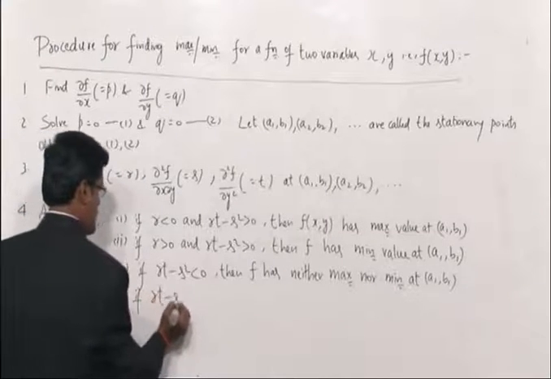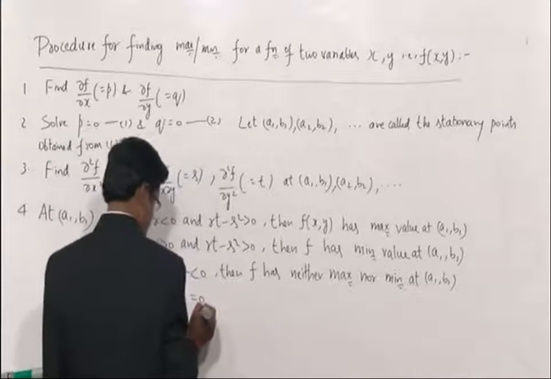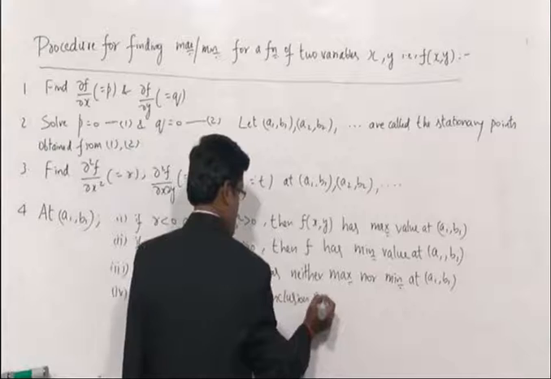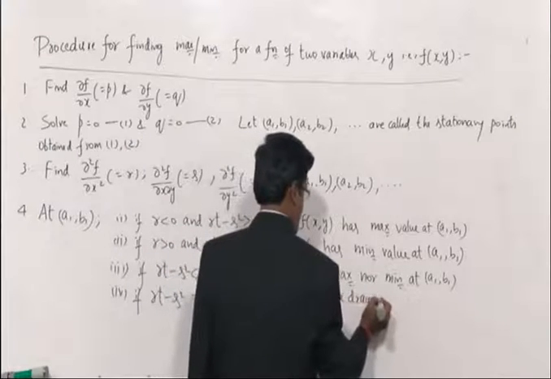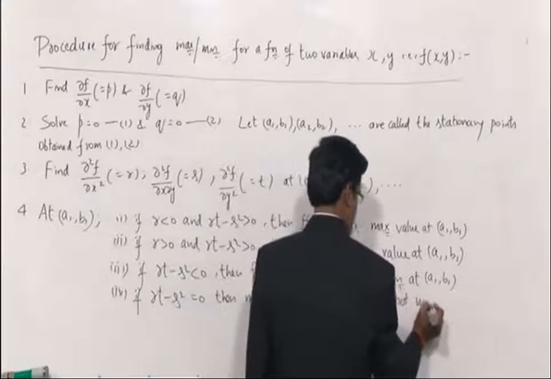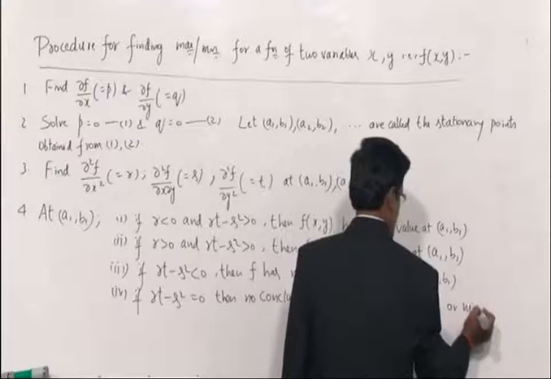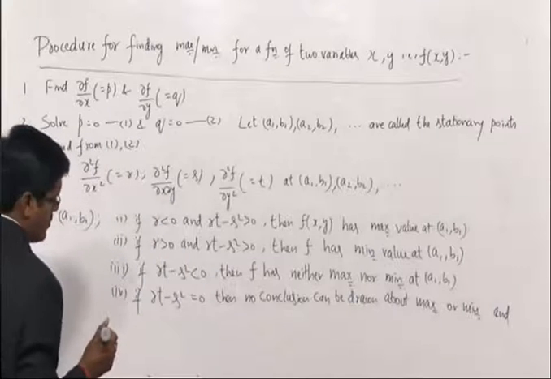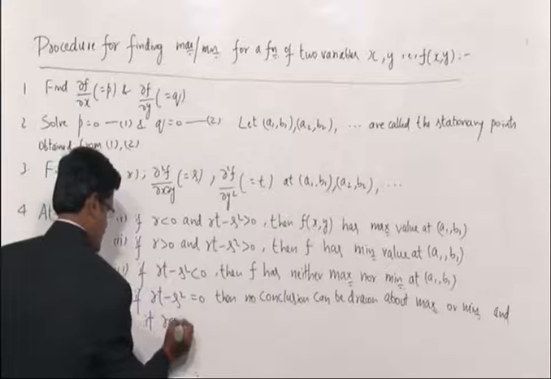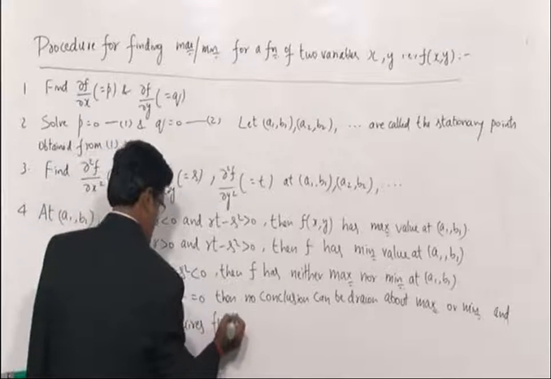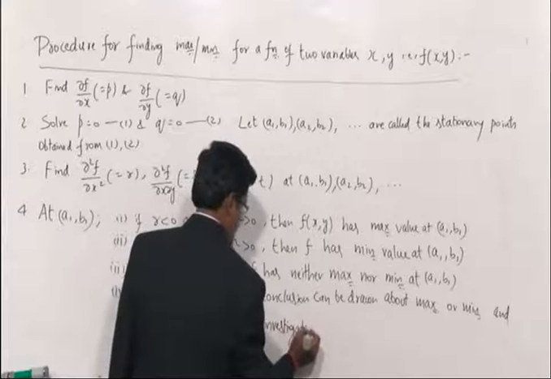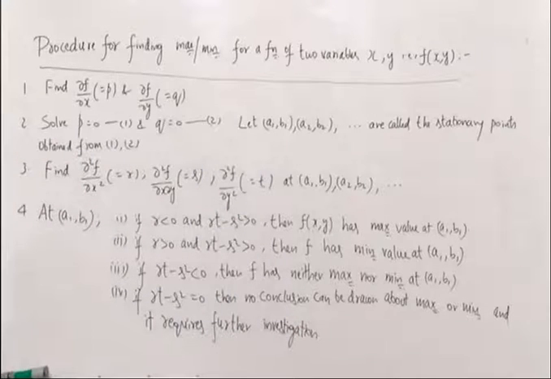If rt minus s square is equal to 0, then no conclusion can be drawn about maximum or minimum, and it requires further investigation. Copy down.